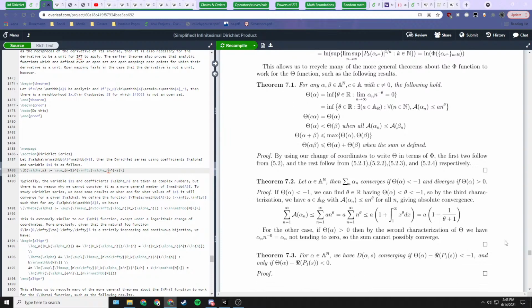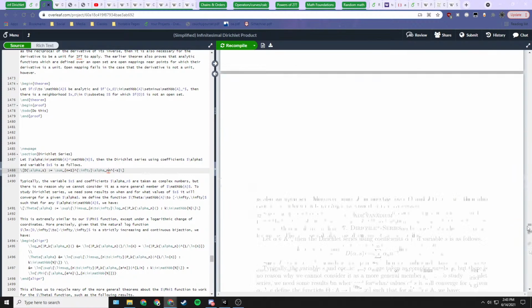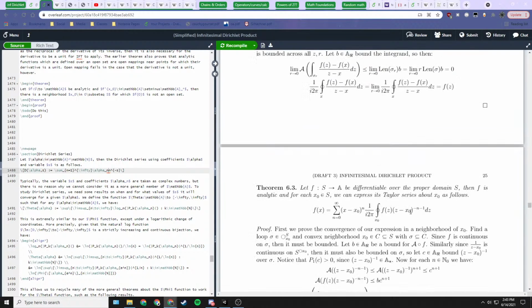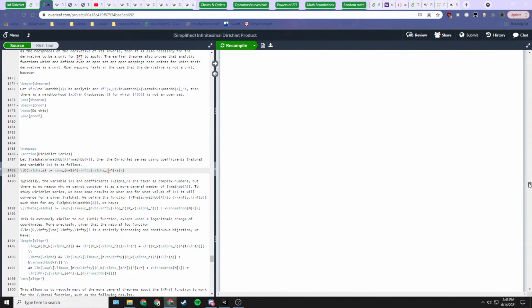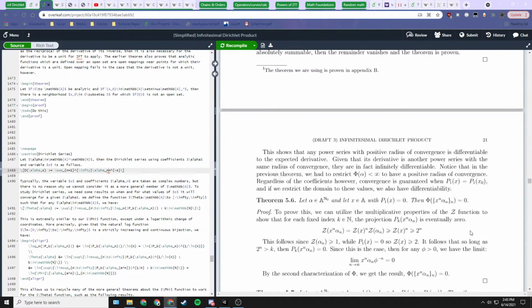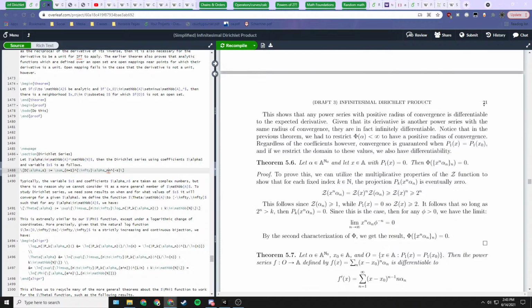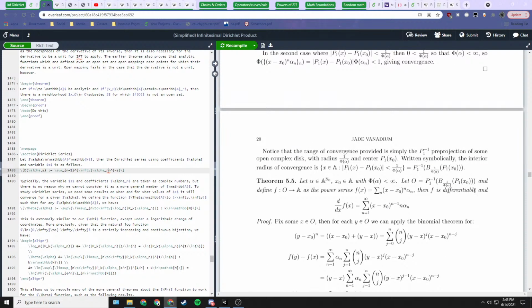I think what we can do, though, maybe, is we want to generalize. So I'll go up, way up in power series, a little further up.